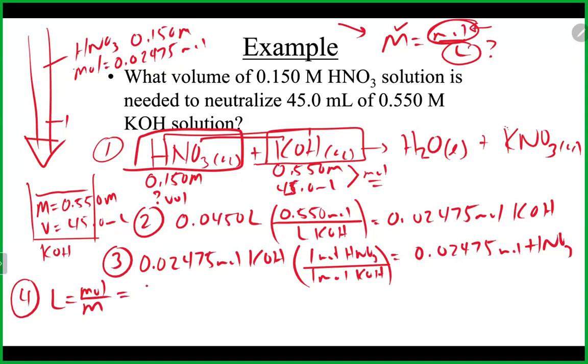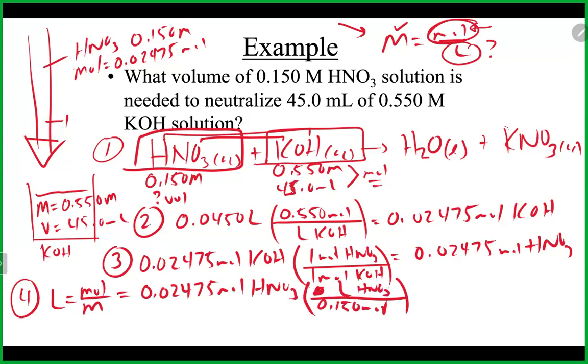We'll take our 0.02475 moles of nitric acid. We will use our molarity of the nitric acid, which we knew, which was 0.15 moles per liter of nitric acid.